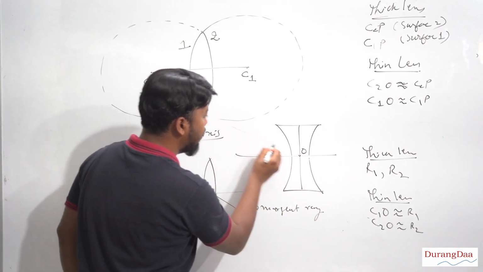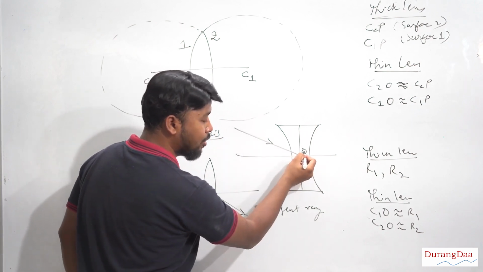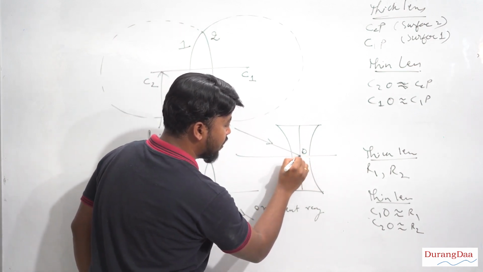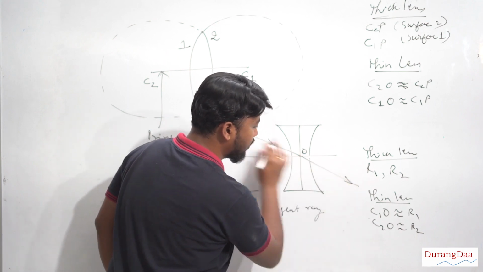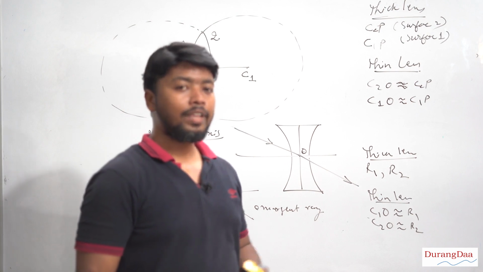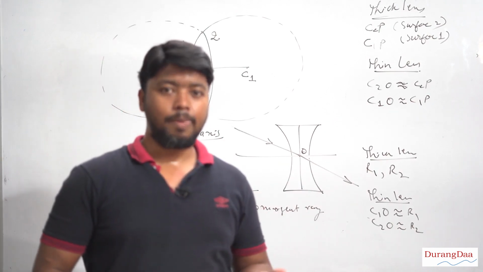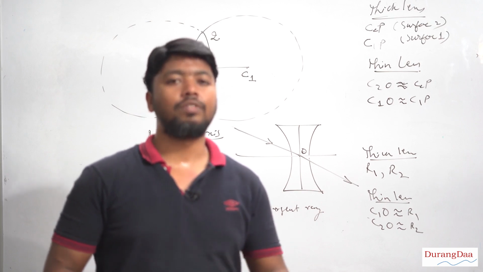If I make one light ray fall here, the emergent ray would pass straight. So I have drawn the diagrams for a thin lens here. In the next session we would be covering principal foci, about focus, real and virtual focus.